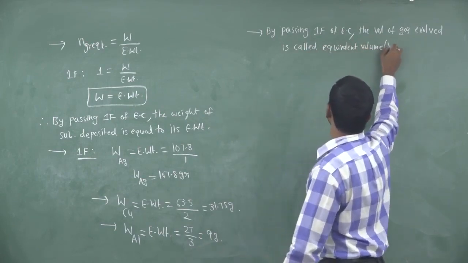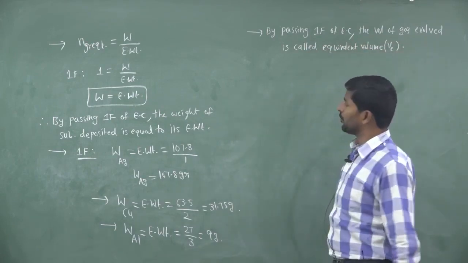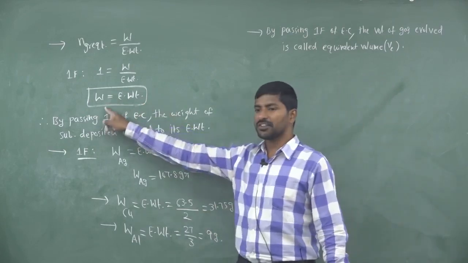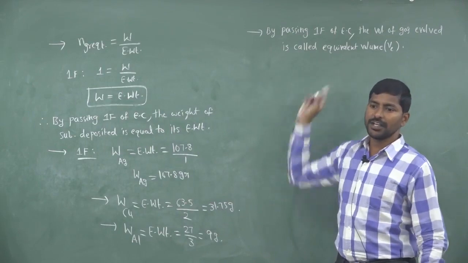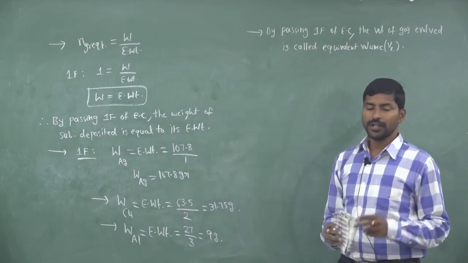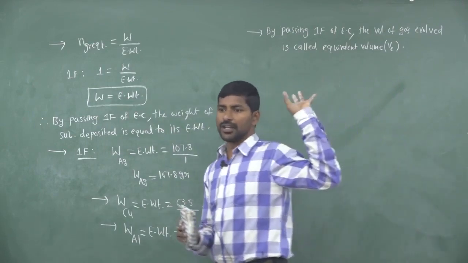For example, I am indicating it as VE, equivalent volume. The weight of substance deposited is nothing but equivalent weight. The volume of gas evolved is nothing but equivalent volume. Okay, for gases we can write equivalent volume.